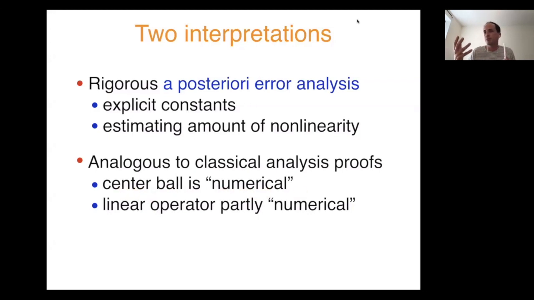Well, it's at some asymptotic expression of your solution, or some explicit formula for an approximate problem that you can solve. Okay. The big difference here is that our linear operator also lives partly on the computer. So you have a lot of floating point numbers that are involved in the definition of the linear operator. But really the idea is very similar to classical analysis.